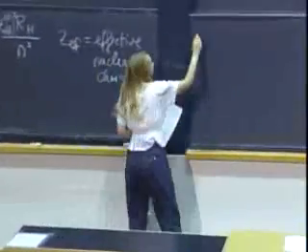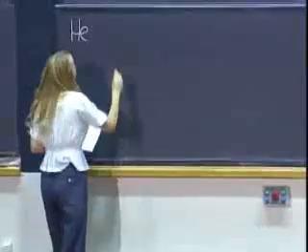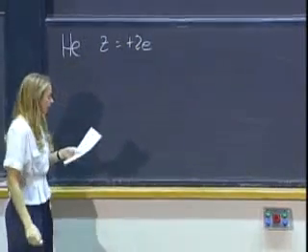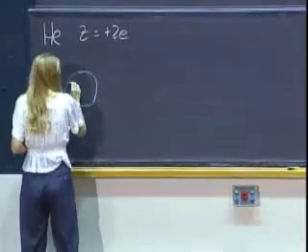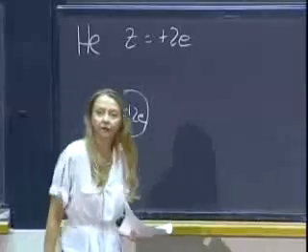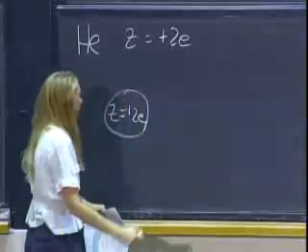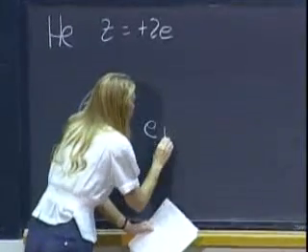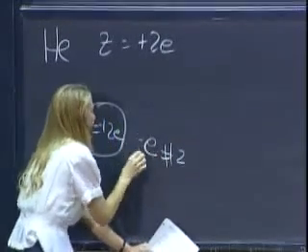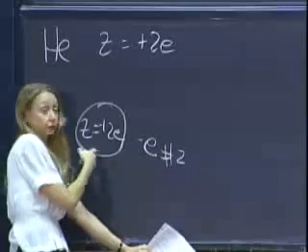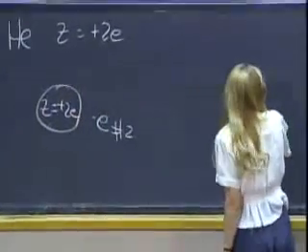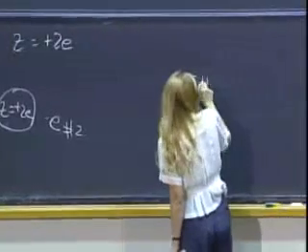So let's try to explain that. Let's take helium, where Z is equal to plus 2e. So we have plus 2e here. Now let's do a thought experiment. We're going to take electron number 2 and place it kind of close to this plus 2 charge nucleus. Then we're going to have electron number 1 way out here.